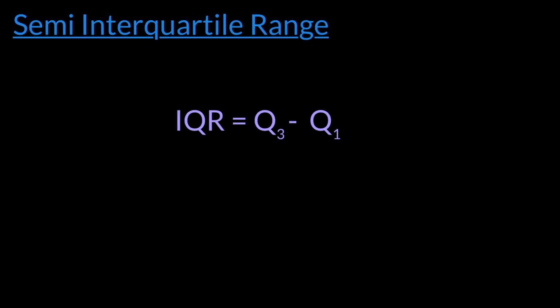Another value that you can be asked to calculate is the semi-interquartile range. So we should already know that semi means half if we think about a semicircle. So if semi means half, then the semi-interquartile range, so SIQR instead of IQR, is Q3 minus Q1 over 2.